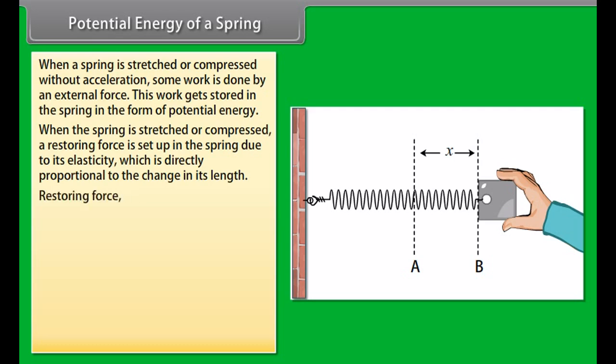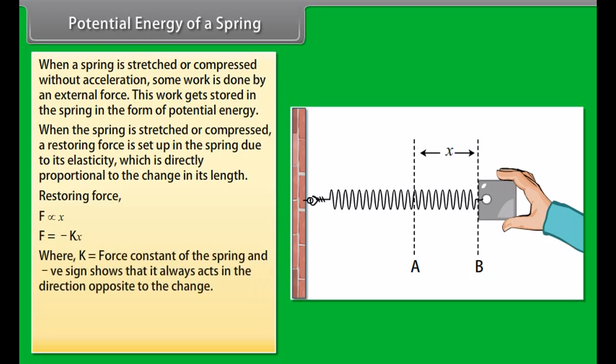Restoring force is given by F is directly proportional to x. F is equal to minus kx, where k is the force constant of the spring and the negative sign shows that it always acts in the direction opposite to the change.